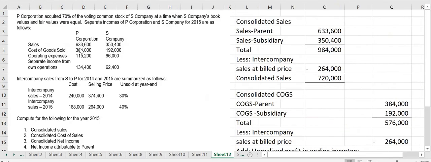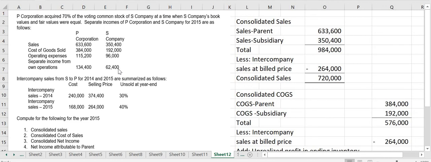Okay, so for our last problem, we have here P Corporation acquired 70% of the voting common stock of S Company at a time when S Company book values and fair values were equal. So separate incomes of P Corporation and S Company for 2015 are as follows. We have here sales, cost of goods sold, operating expenses, and separate income from own operations of P and S. So P is the parent and S is the subsidiary. And then, intercompany sales from S to P for 2014 and 2015 are summarized as follows.